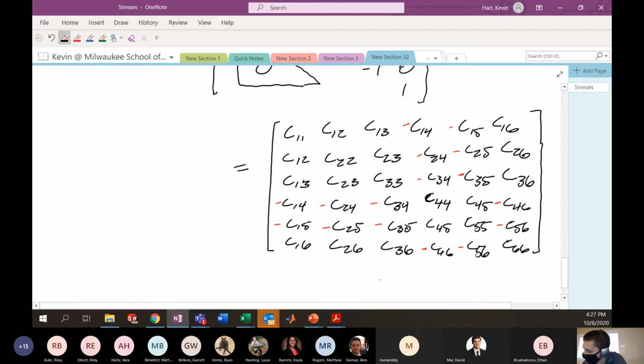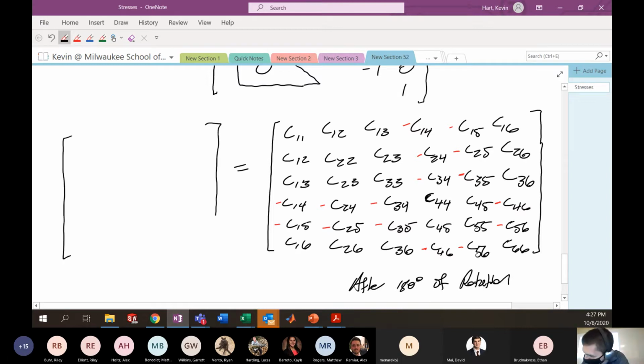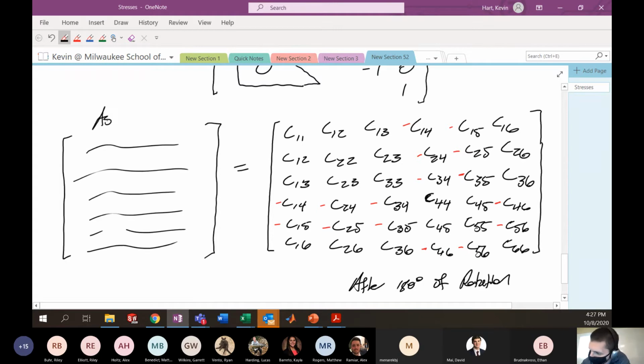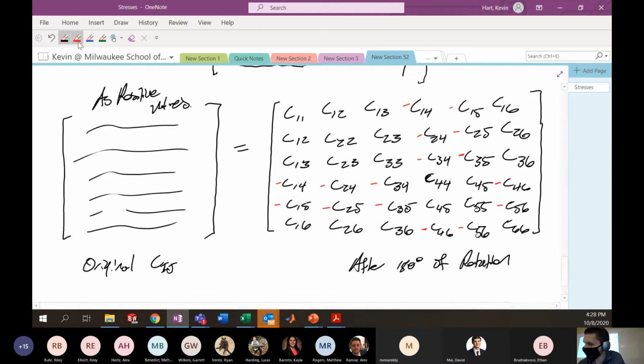So after 180 degrees of rotation, this must be equal to the original matrix, Cij, with all these entries as positive values. And we say they're equal because of the plane of symmetry.